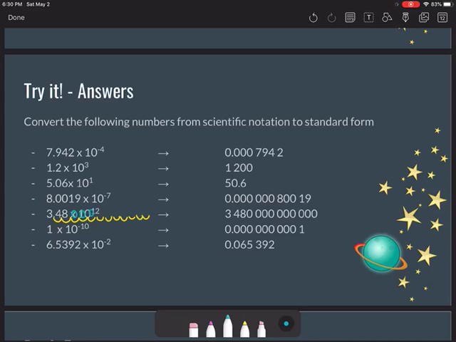I need 10 zeros in this case. And here I have 3, 4, 8, then the 10 zeros, and then my original number. Same thing with all of the other questions. You don't have to show your work, but if you'd like to, you're more than welcome to.